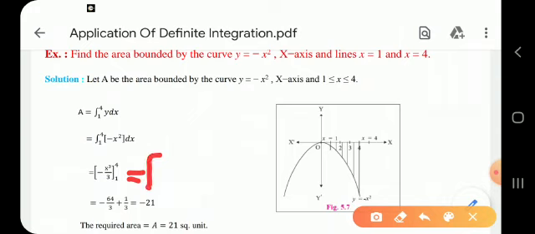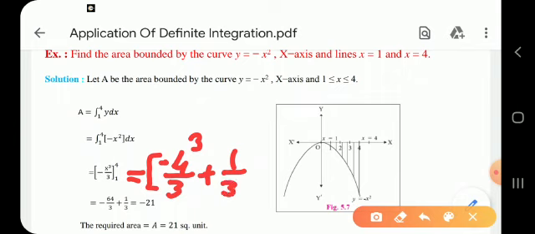Inside this bracket, firstly we consider minus 4 cube upon 3. Then minus of minus is plus, then we put the lower limit, so here we consider 1 upon 3.